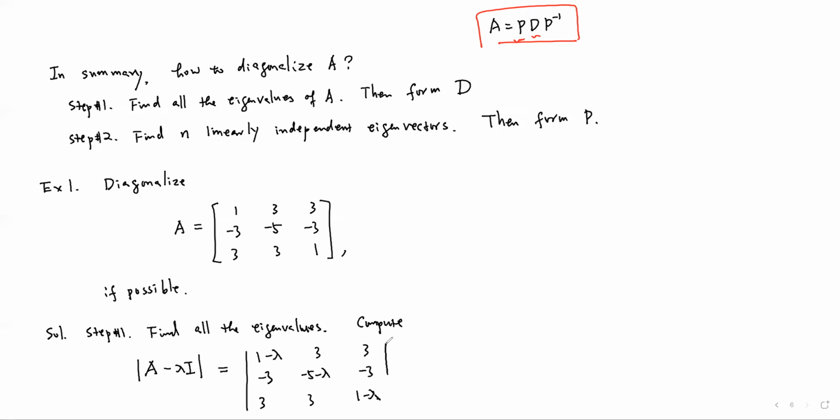Determinant. How to expand this determinant? Cofactor expansion. Expand the determinant across a row or down a column. Then after we expand the determinant and simplify the result, we have this polynomial.